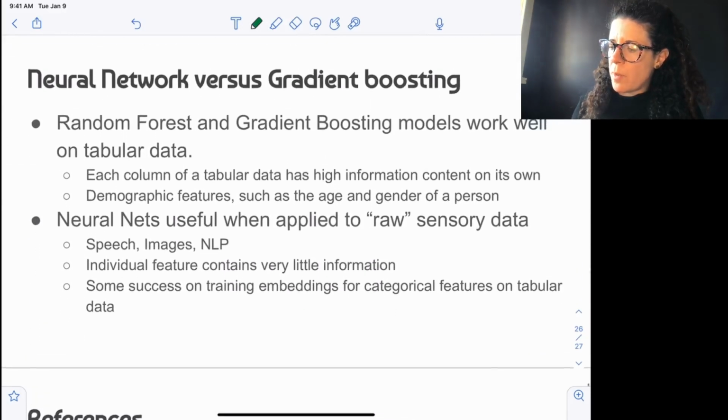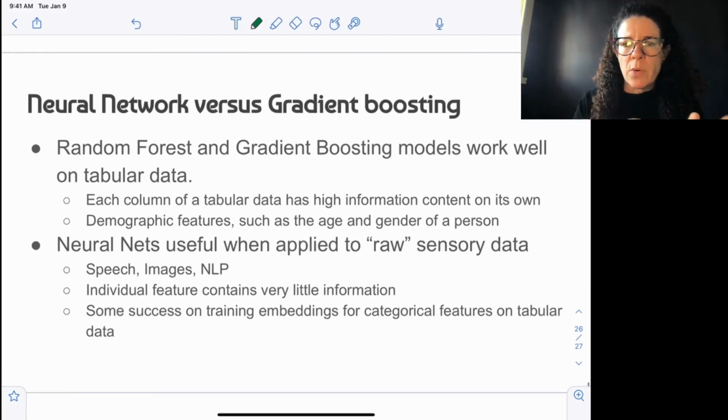Finally, I wanted to talk about a comparison between neural networks and gradient boosting. Random forest and gradient boosting models work very well on tabular data. So far they work really well on tabular data. They are the best models in general for tabular data.